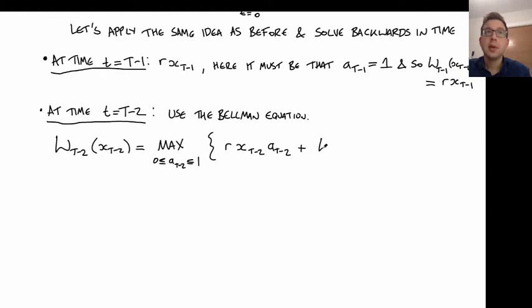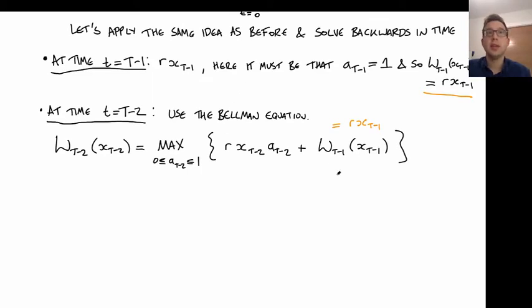plus, well, I'm going to end up in a new state at time t minus 1, x of t minus 1. Okay, and then I know from up here that this is equal to r of x of t minus 1.